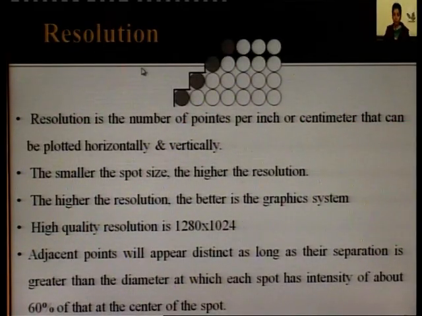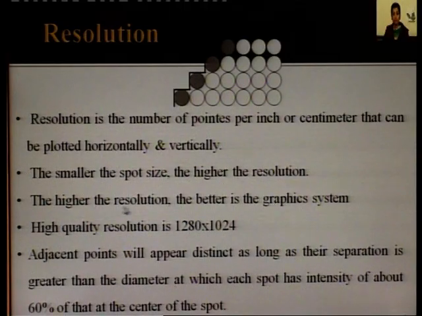So, what is resolution? Resolution is the number of points per inch or centimeter that can be plotted either horizontally or vertically. The smaller the spot size, the higher the resolution. If you want to make the picture clearer and of high quality, you should make the spot size smaller. The smaller the size, the higher the clarity and resolution.